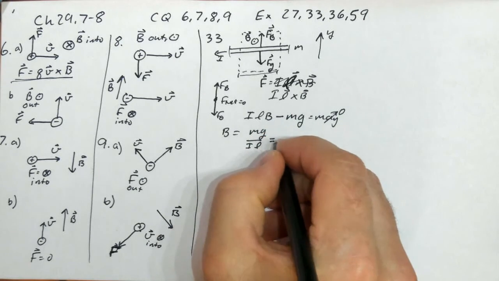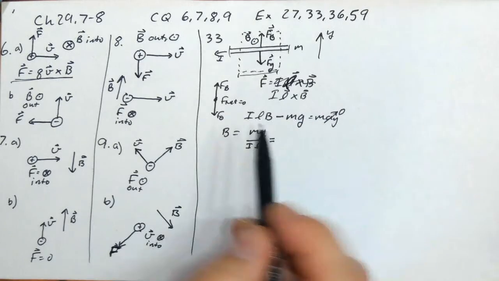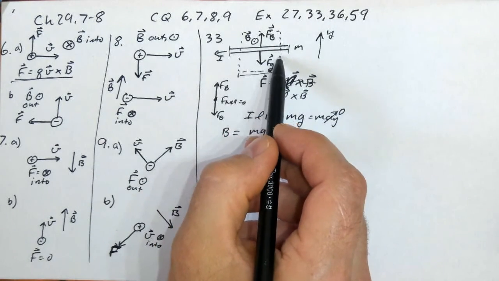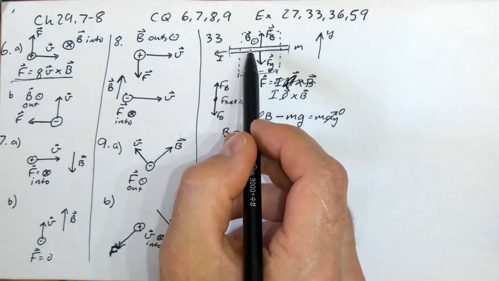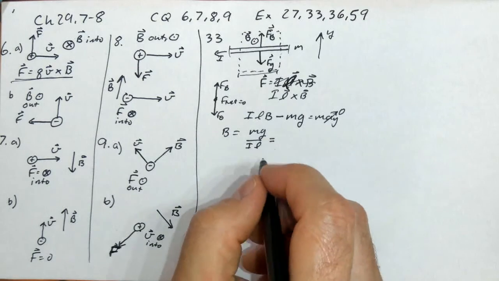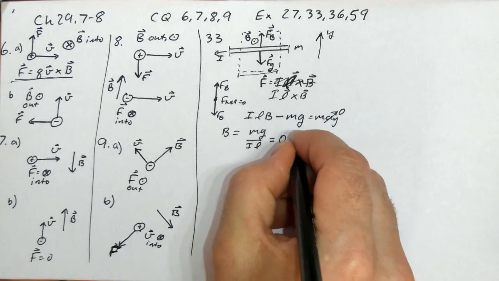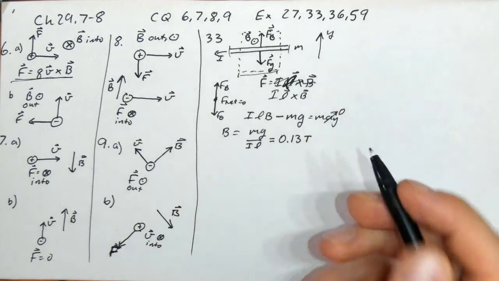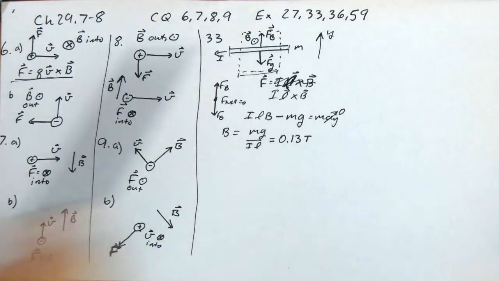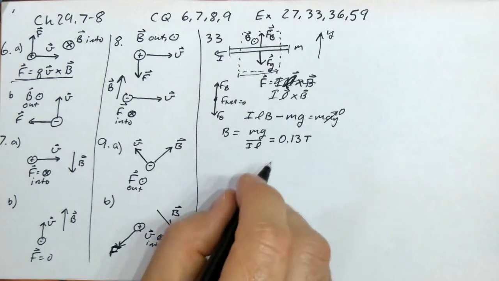If you plug in your numbers that are given in the problem, again noting that the length used is the length of the wire within the magnetic field, because that's what's feeling a force, you'll get 0.13 Tesla. That's actually a sizable magnetic field to be able to levitate that very small mass wire.